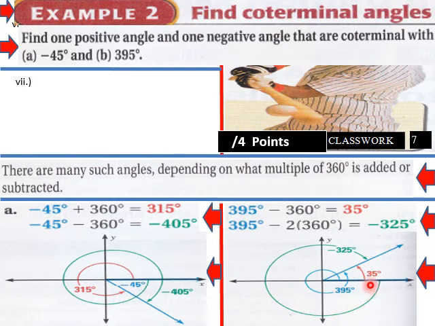So we have a 35 here, and then a 395 degree angle would be 360 plus 35, or we have negative 325. That would be coterminal with a 395 degree angle.